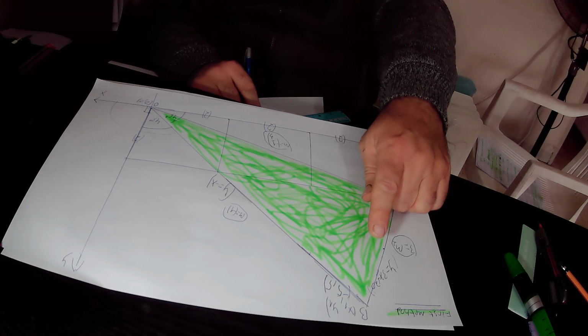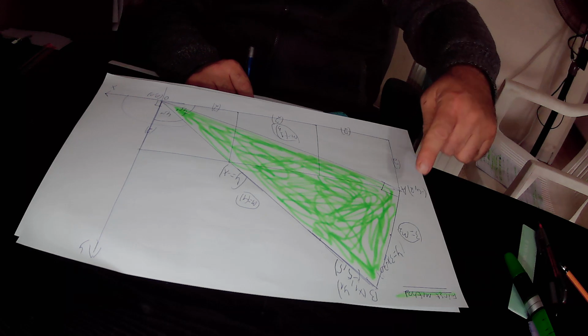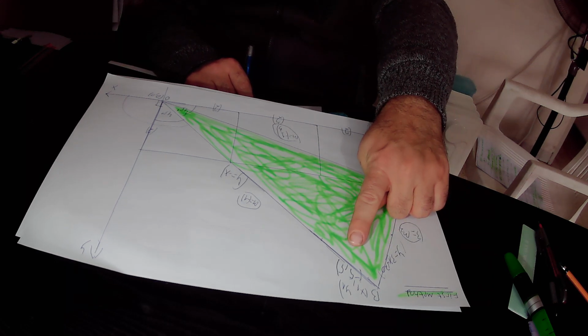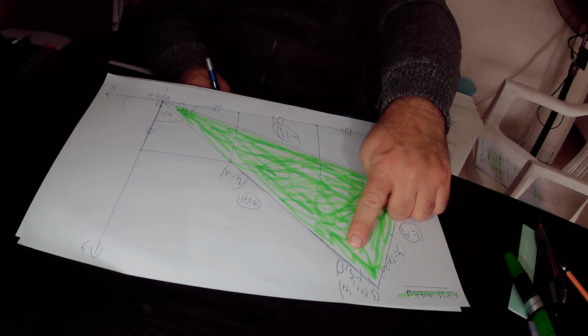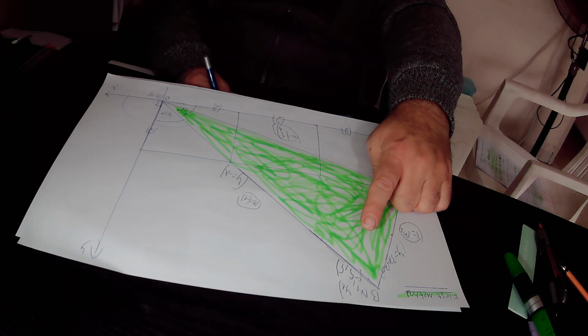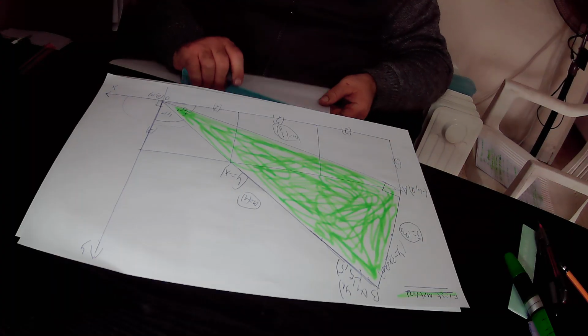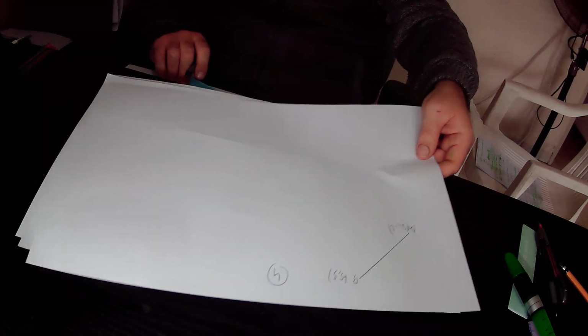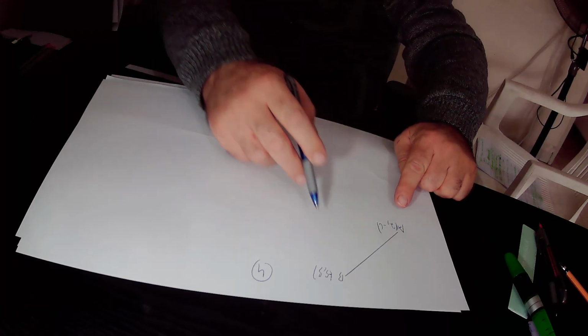Likewise, the coordinates of point B are minus 5 and 5. Our task is to find out the distance between points B and A.